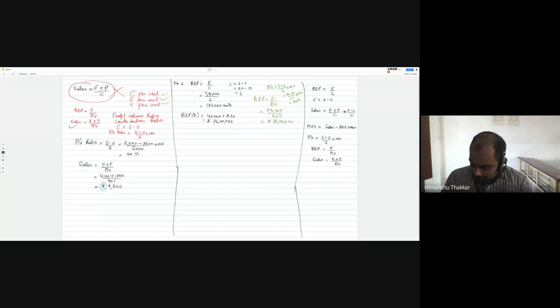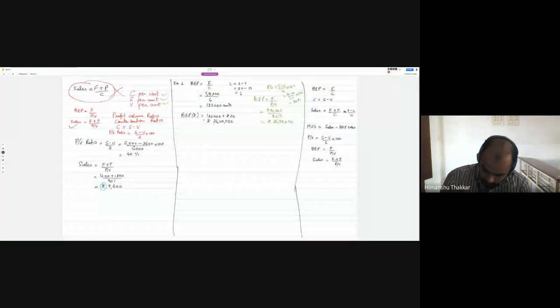Now, let us go ahead. What they have said is sales required in units to earn a profit of 60,000. Now, this is very easy. This was point number one. Now we are doing point number two.